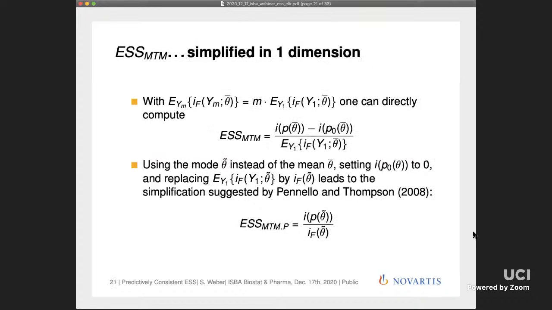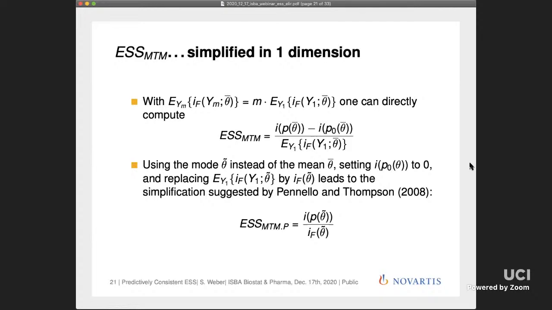Now, we can simplify Morita's method quite a bit in one dimension. Because the predictive data we are using here are independent of one another, this expression can be simplified to m times the information of predictive data of just one observation. Doing so, we can directly compute the Morita ESS with this expression.